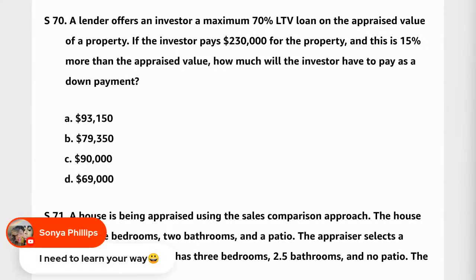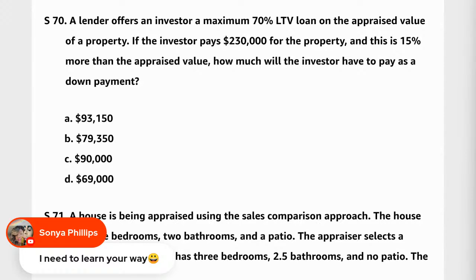You need to learn my way. It can be confusing, but the T formula is what you need for this question. If you don't remember it, just Google it and it'll tell you what the T formula is.